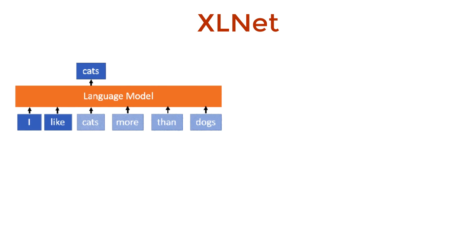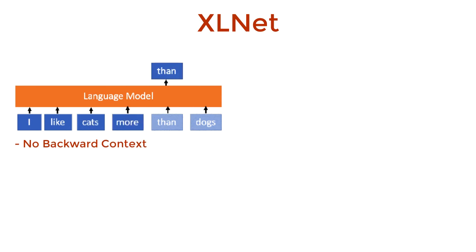To better understand what's going on, I'm going to pull up some graphics. When we build a language model with a transformer neural net, we're effectively predicting one word given the previous words. There is no backward context. Note that the light purple shade here means that we're not using this input because it's masked.